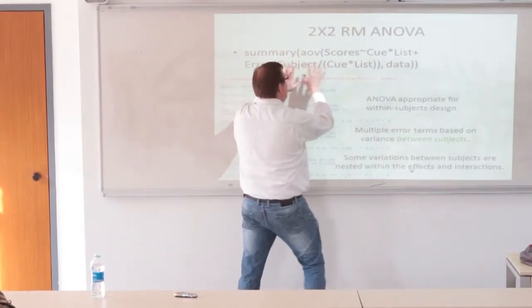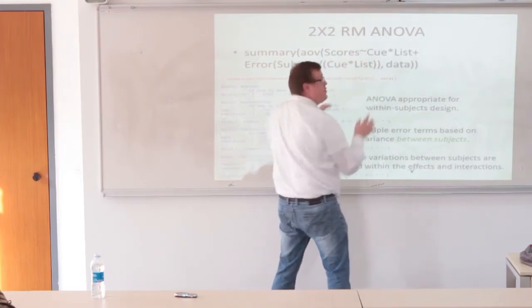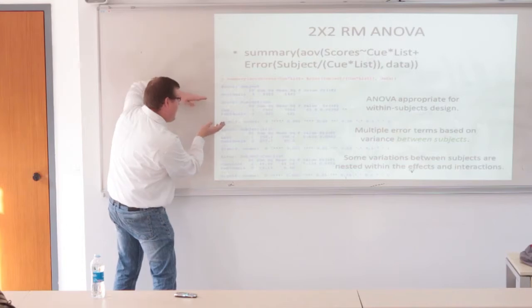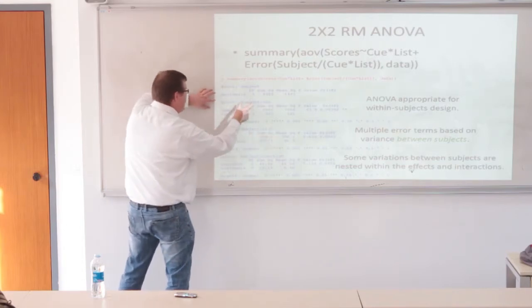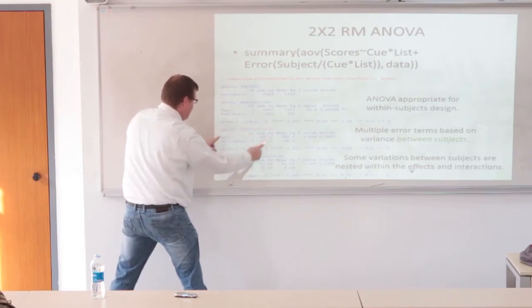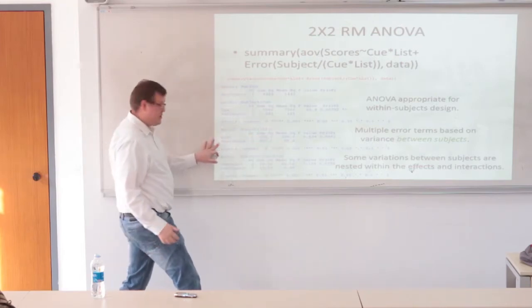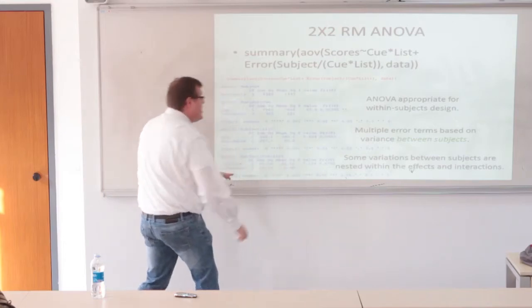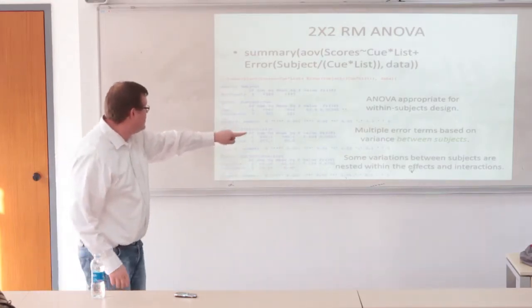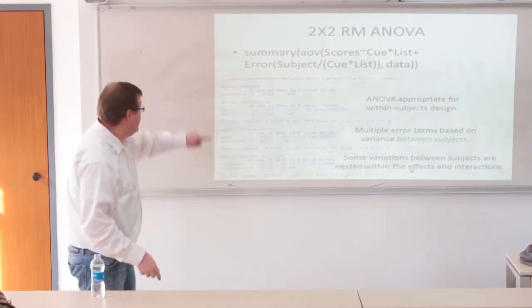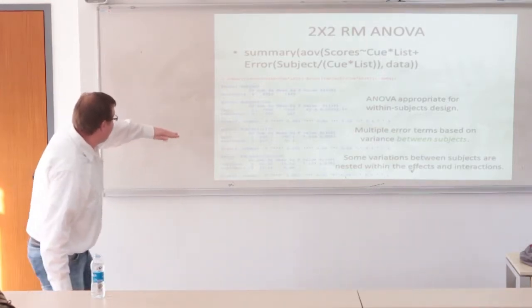We said subject, we're going to nest it inside of Q and list. And we see, okay, we've got some of the variations. We have subject Q, that's one of the variations. We have subject list, this is another one of the variations. And we have subject Q list, that's another variation. So some of the variations between subjects have been nested inside of the effects, right?